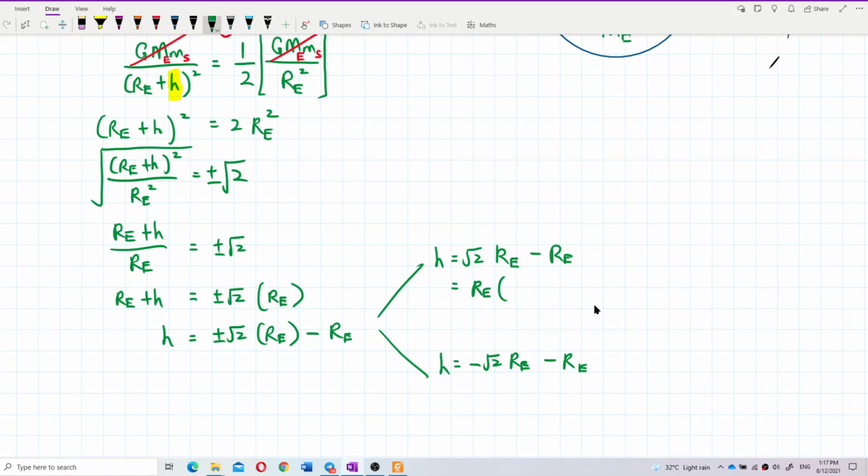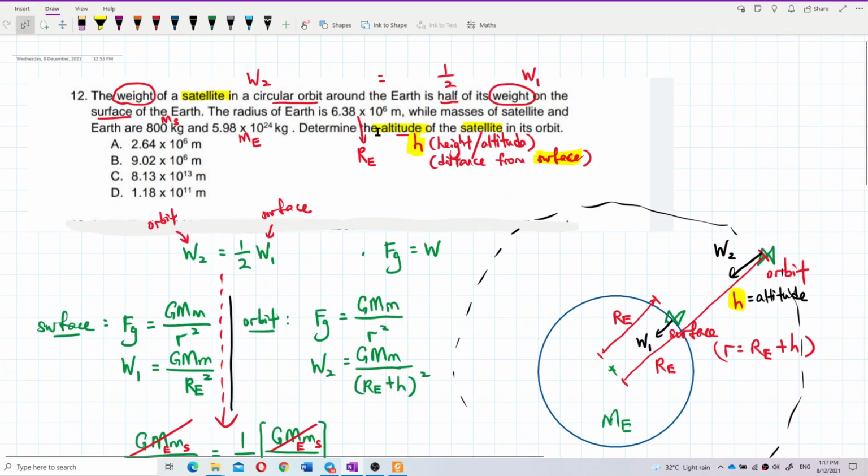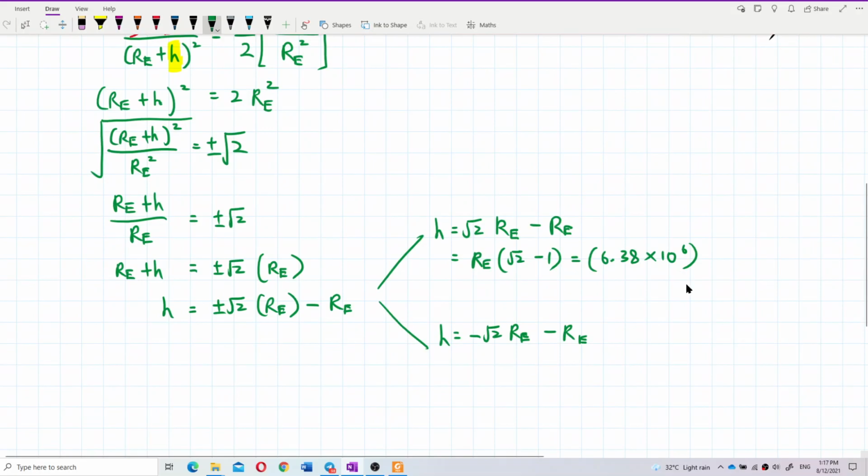We can factor out the common. This one becomes root 2 minus 1, right? Just now the radius of Earth is 6.38 exponent 6. And then here we have root 2 minus 1.